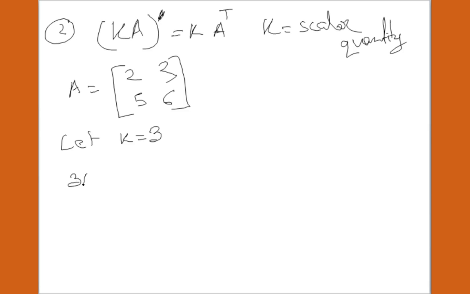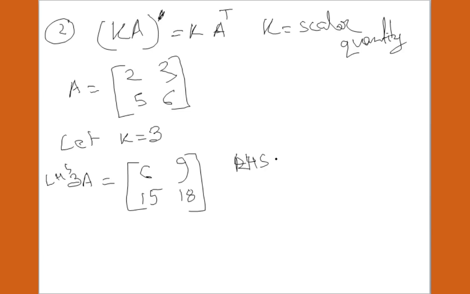That means 3A. 3A is 3 2s are 6, 3 3s are 9, 3 5s are 15, 3 6s are 18. This is the left hand side. In the right hand side, 3 into A transpose. Let's find the right hand side.